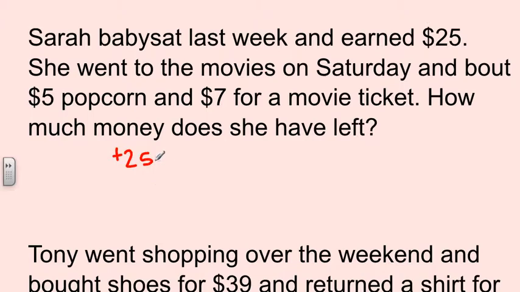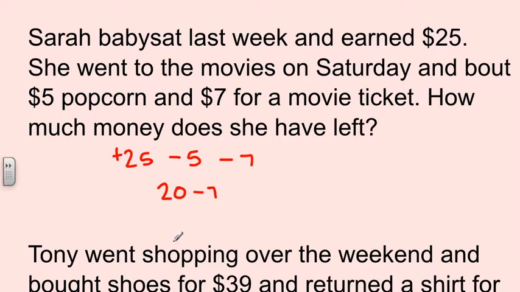We know that she spent some money. She spent $5 on popcorn and spent $7 on a movie. How much money does she have left? So if I started with $25, that's 25 positives. I'm going to take away 5 of those dollars. That leaves me with 20.